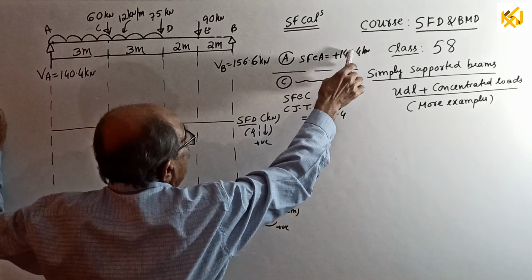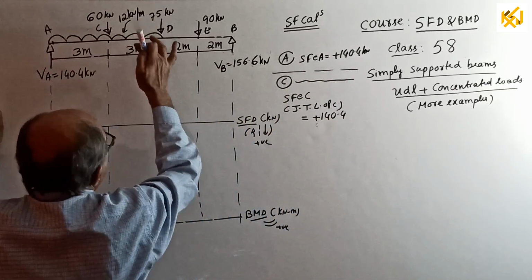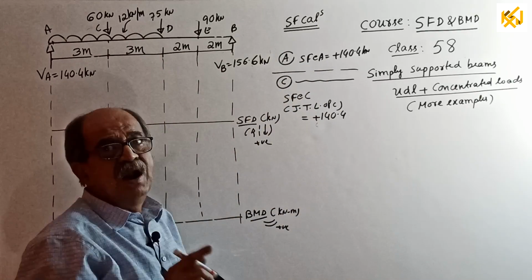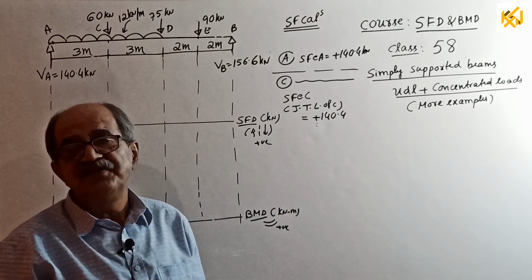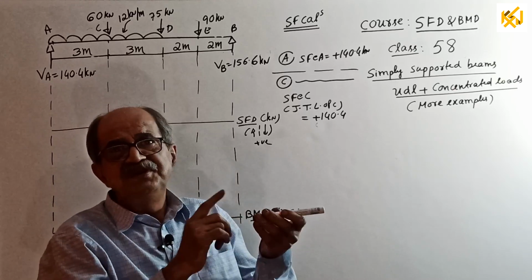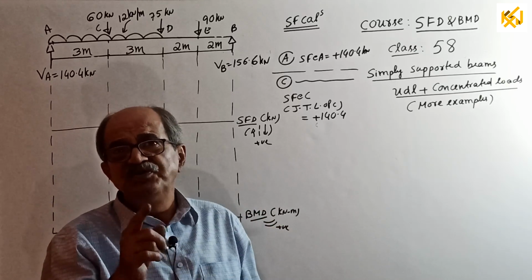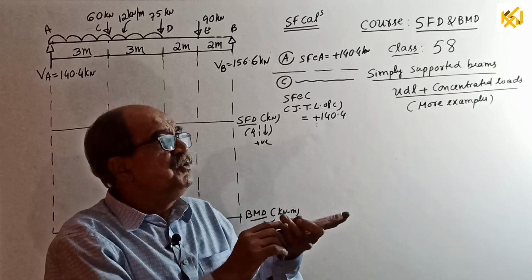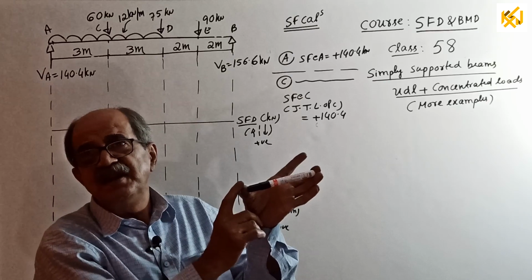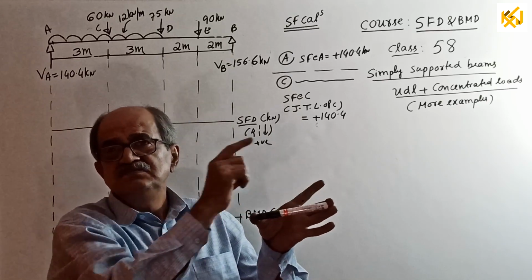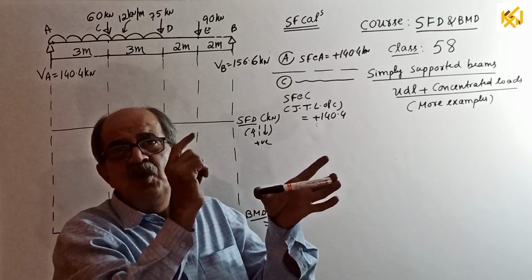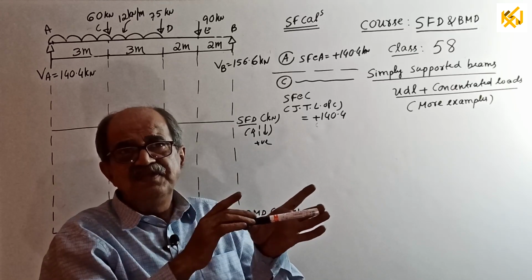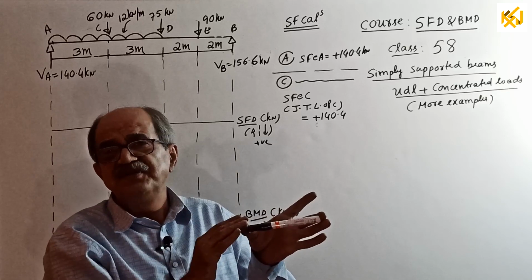When you change the point, you should see what is in between those two points. If you find shear force at a previous point and come to a new point, observe the loading between those two points.